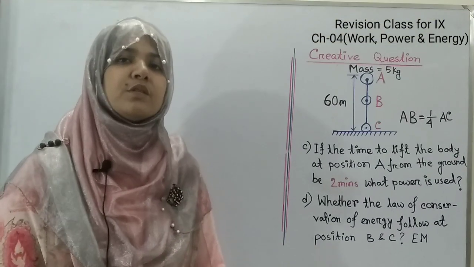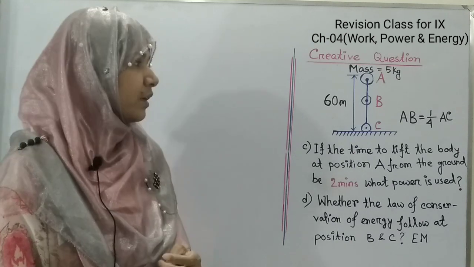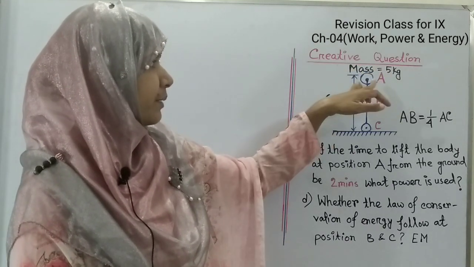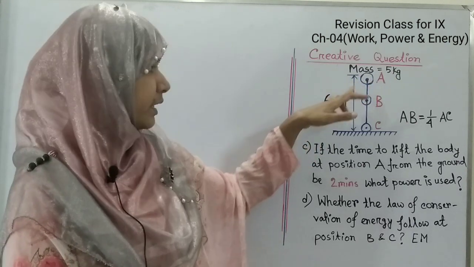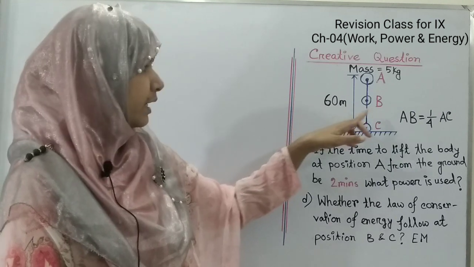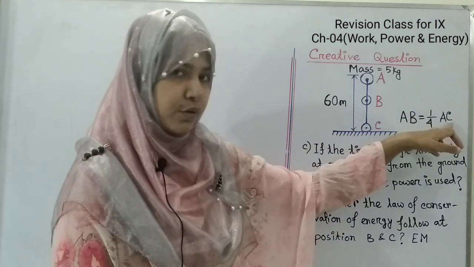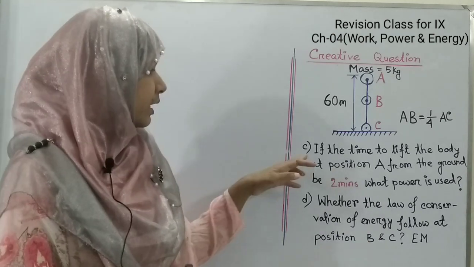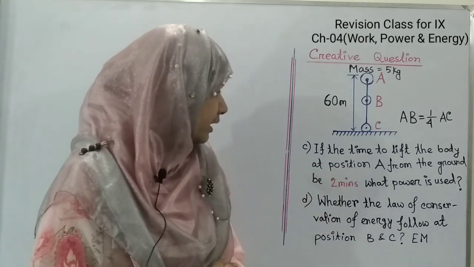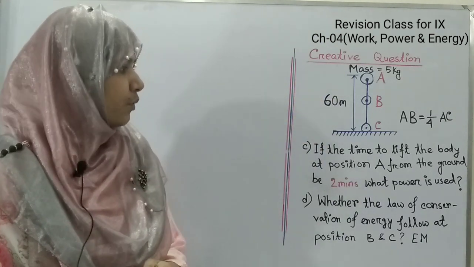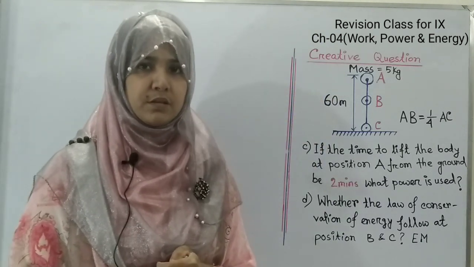Now I am going to solve a creative question. Here you can see that an object of mass 5 kg is kept at a position A. Here they give the total height is 60 meter. AB equals 1 by 4 AC. Now question number C. If the time to lift the body at position A from the ground be 2 minutes, what power is used?